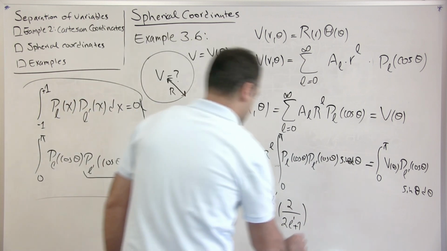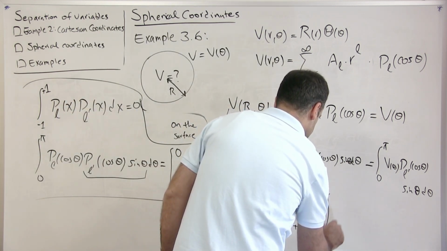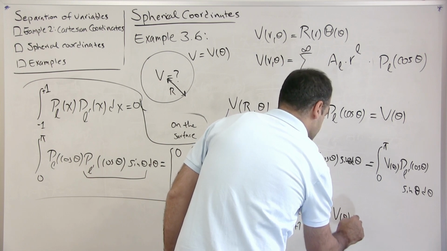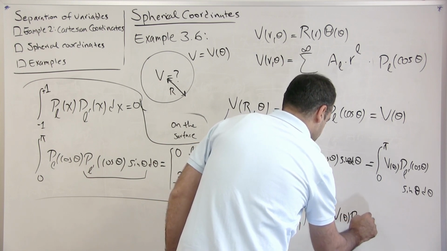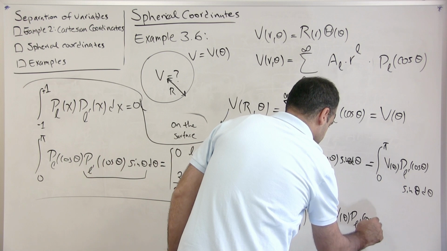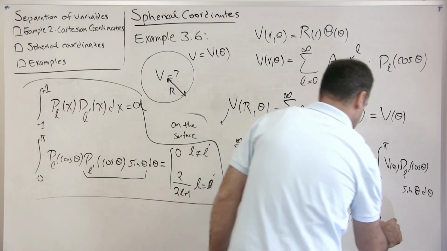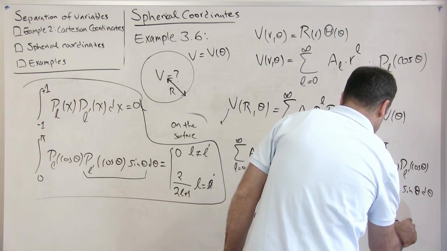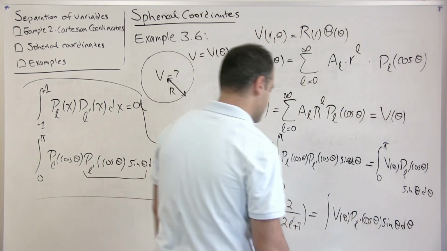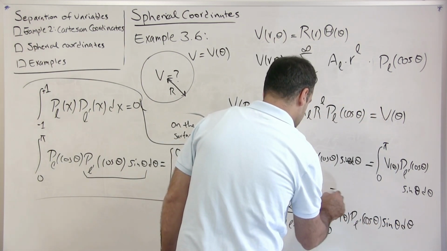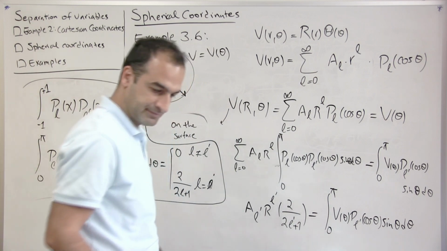And on the right hand side, we have the integral of V(theta) P_L'(cos theta) sine theta d theta, from 0 to pi.